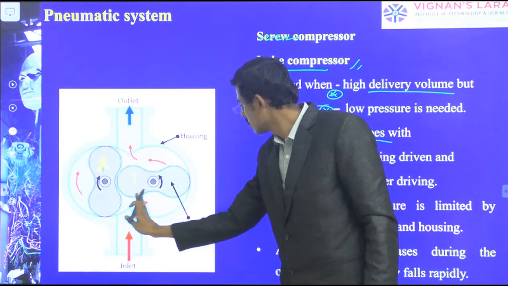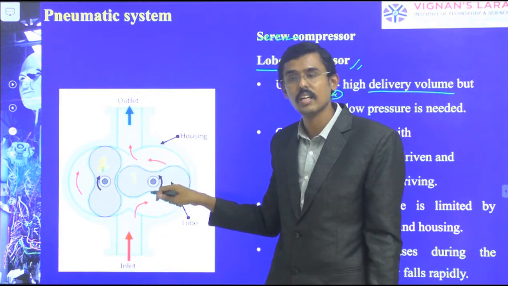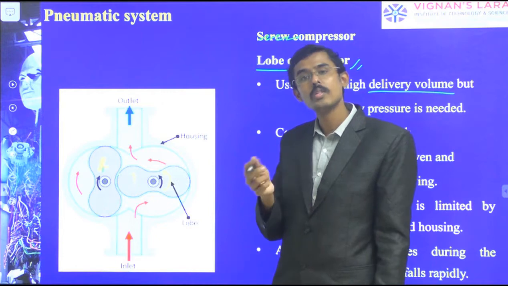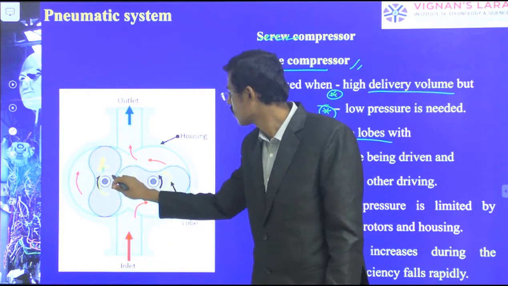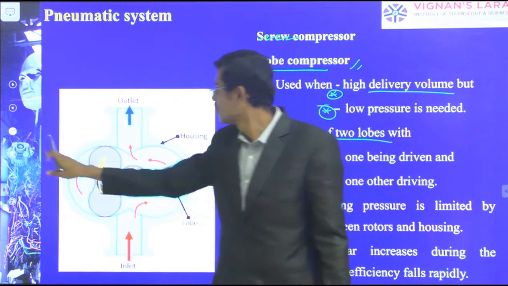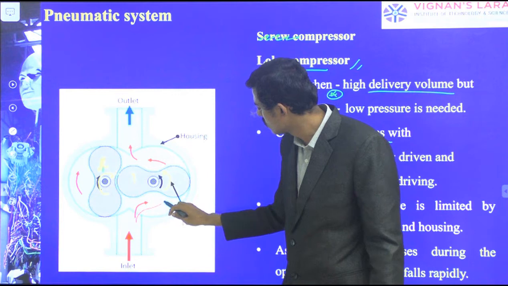Instead it uses this path when rotating. One lobe rotates anti-clockwise and the other rotates clockwise. Therefore, in two directions, we receive the flow of compressed air along this route.